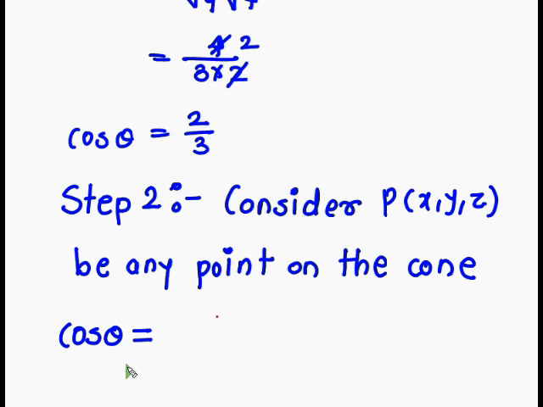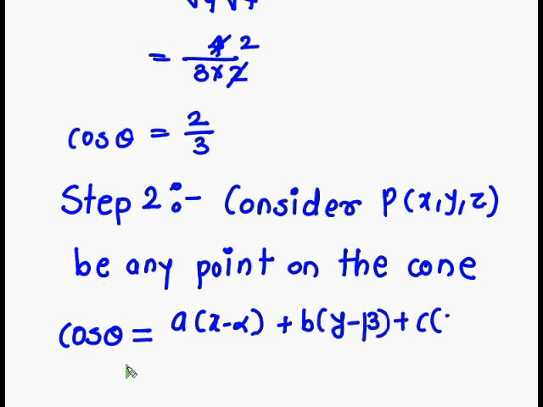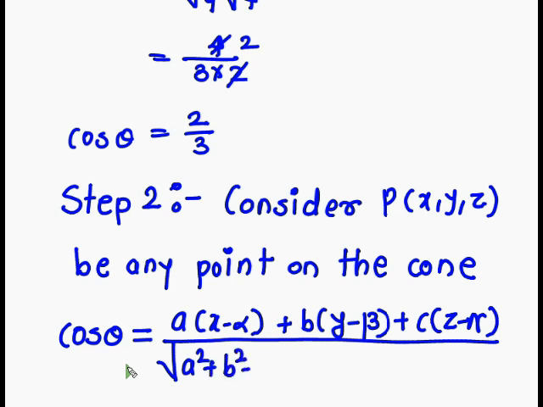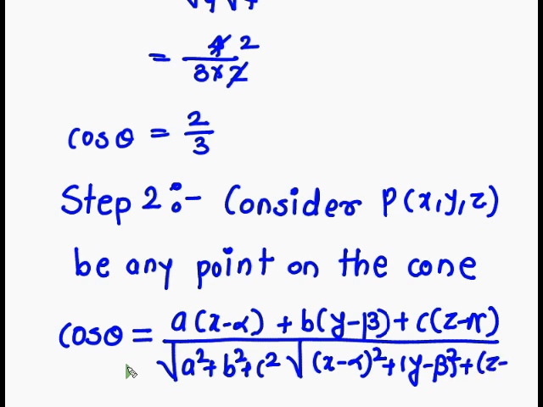So as we get information about this cos theta in the prerequisite section, cos theta is nothing but a into x minus alpha plus b into y minus beta plus c into z minus gamma, divided by square root of a square plus b square plus c square, into square root of x minus alpha square plus y minus beta square plus z minus gamma square.